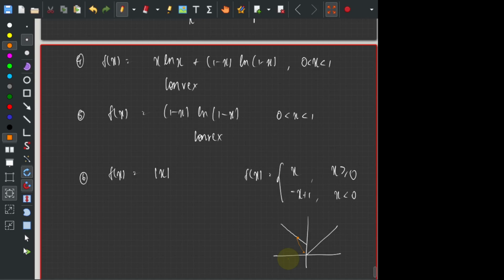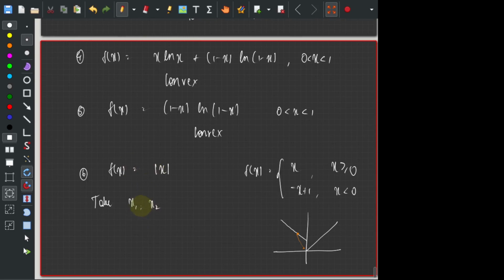We can just use the definition of convexity, and we can use the properties of mod. Like we can take alpha x1 plus 1 minus alpha x2, which is less than or equal to alpha mod x1 plus 1 minus alpha mod x2. Exactly. So let's use the definition. Pick any x1, x2.